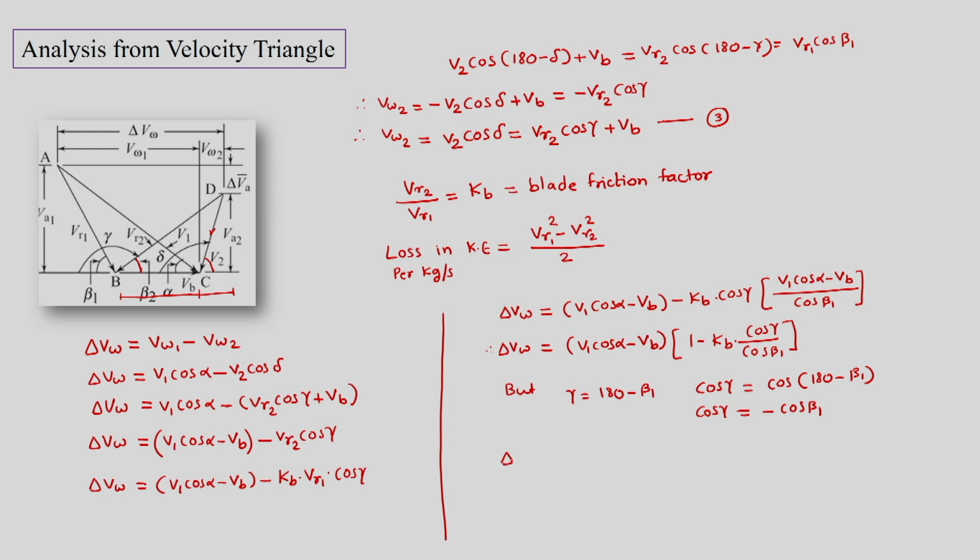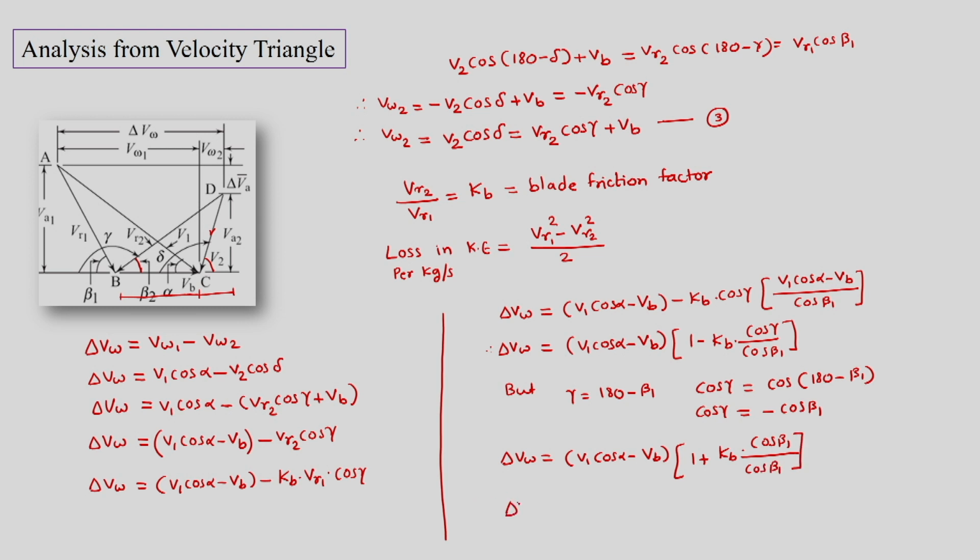So if we put this, delta VW is equal to V1 cos alpha minus VB into 1 plus KB into cos of beta 1 divided by cos of beta 1.